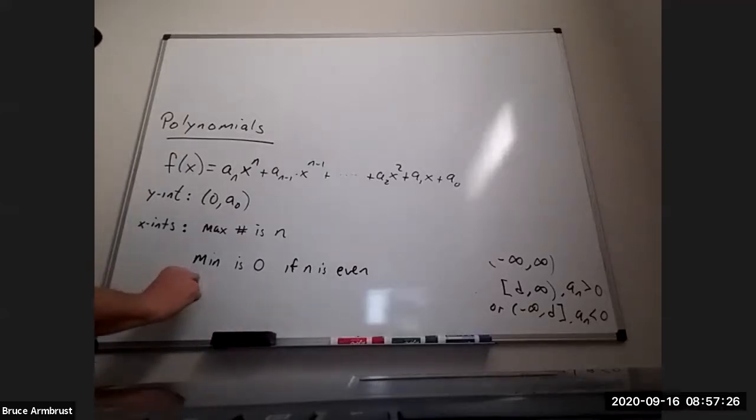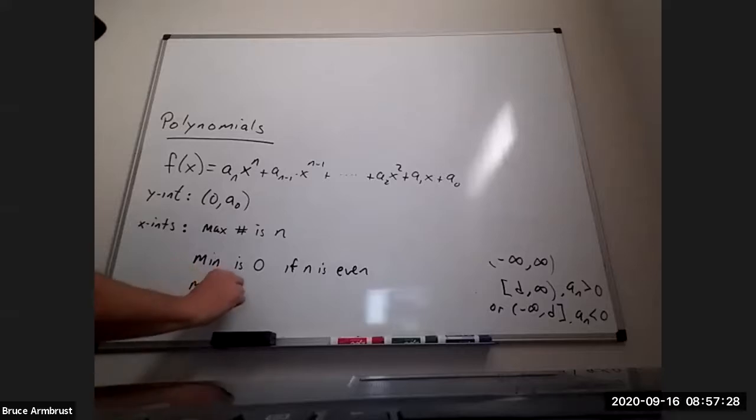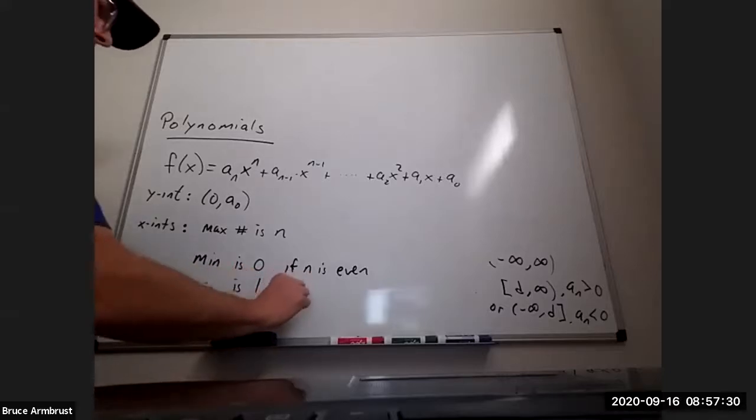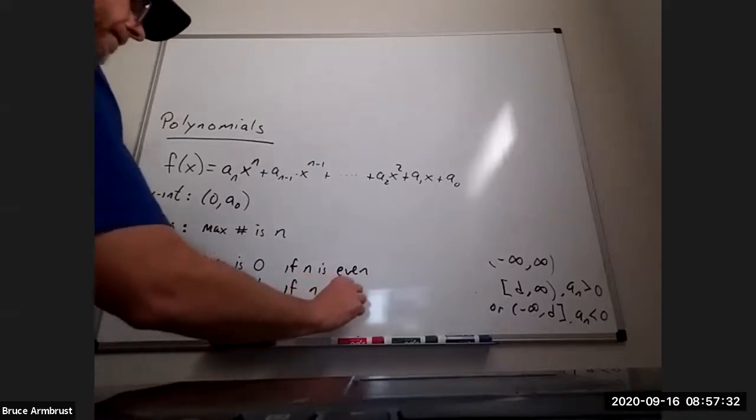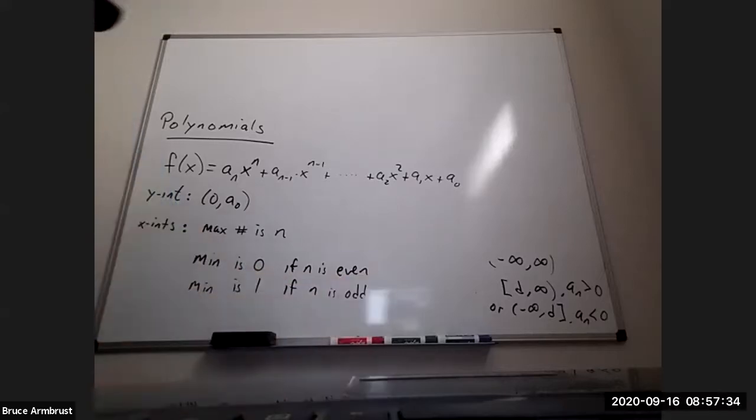But for sure, you're going to have at least one if n is odd. So every odd degree polynomial will have an x-intercept, but for even degree polynomials, it totally depends. You might actually end up getting 0 depending upon how things shake out.